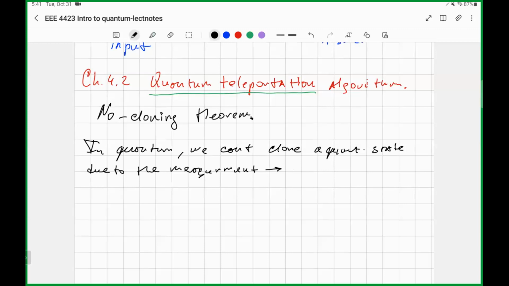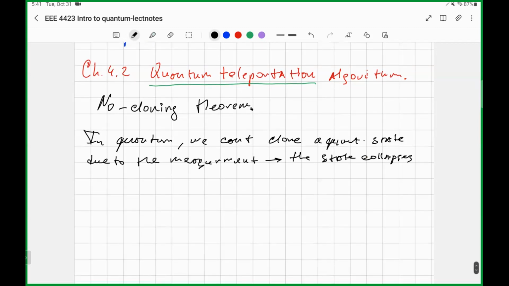As a result of the measurement, the state unavoidably collapses, so we can't prevent it. It collapses to one of the allowed eigenstates.